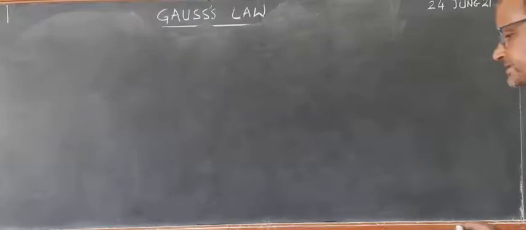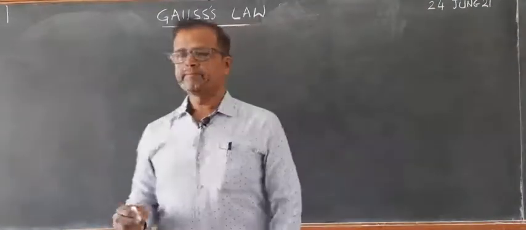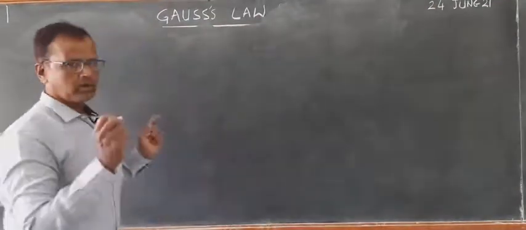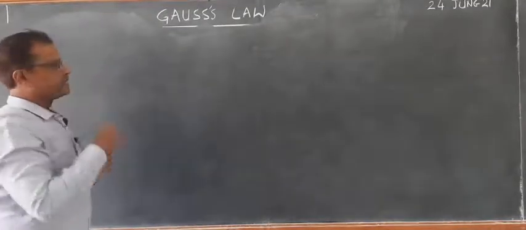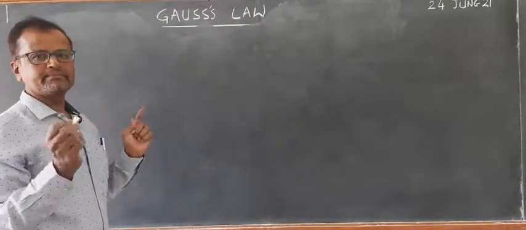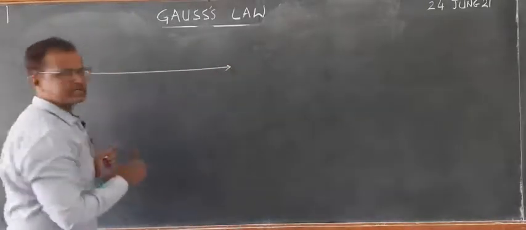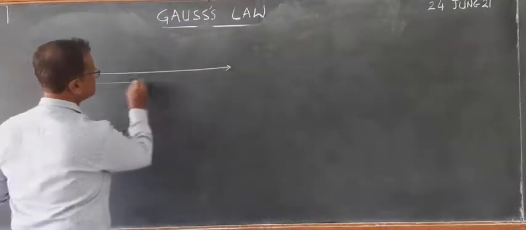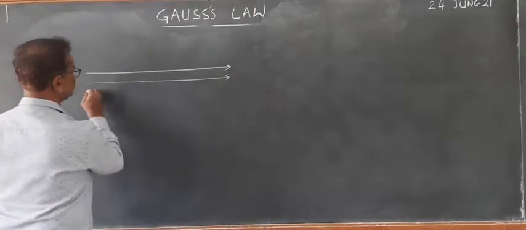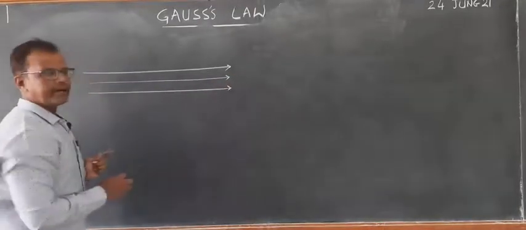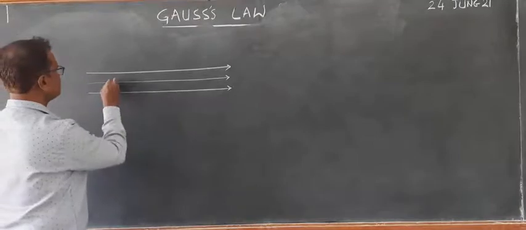Let us quickly understand the meaning of Gauss law with the help of an example of uniform electric field. Suppose this is the direction of uniform electric field, and we know uniform electric field is represented by parallel electric field lines.